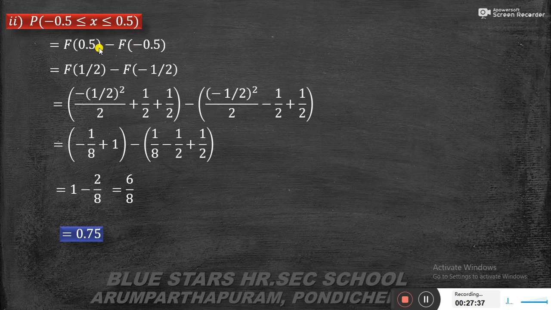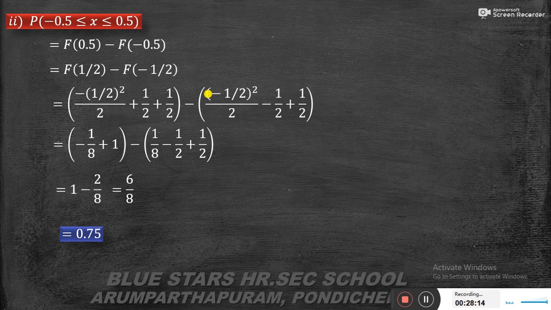F of 0.5 represents the limit 0 less than or equal to x less than 1, that means minus x square by 2 plus x plus 1 by 2, with x equal to 1 by 2, so minus 1 by 2 whole square by 2 plus 1 by 2 plus 1 by 2, minus next F of minus 1 by 2. x equal to minus 1 by 2 represents the interval minus 1 less than or equal to x less than 0.